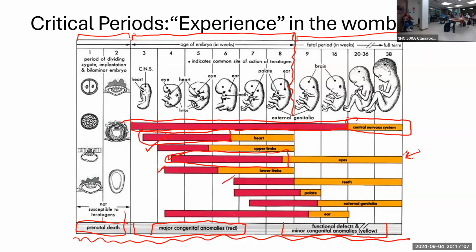You can see when the teeth are developing, the palate. Maybe you know someone who has a cleft palate where the upper roof of the mouth doesn't close properly or closes only partially, often needing surgery. The genitals. That's that section that I discussed with you before. Ear developing here. So these are the critical periods.